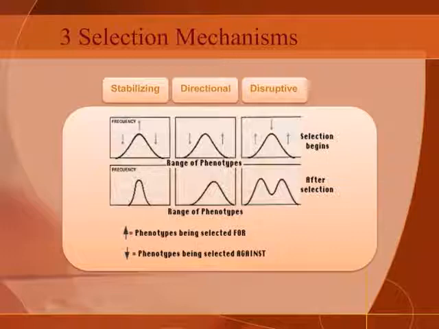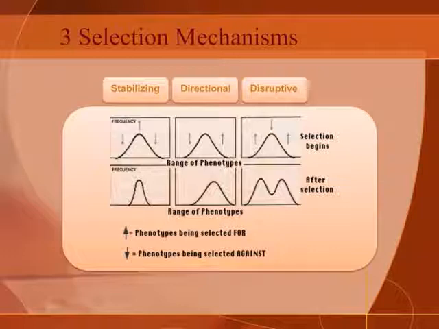The second selection mechanism is directional selection. Again, we start with the normal distribution curve. But in this case, individuals at one extreme are at an advantage. So over time, looking at the graph beneath the first, the curve moves over.